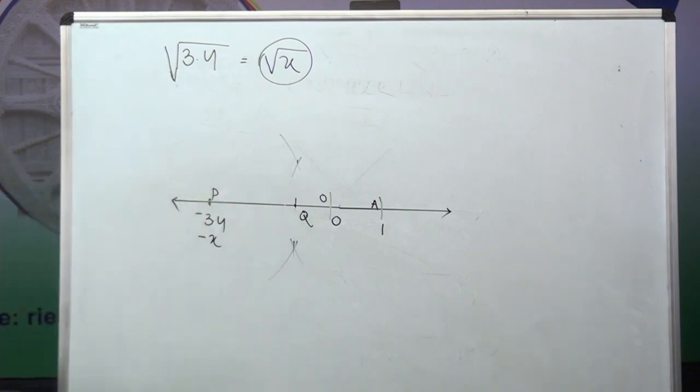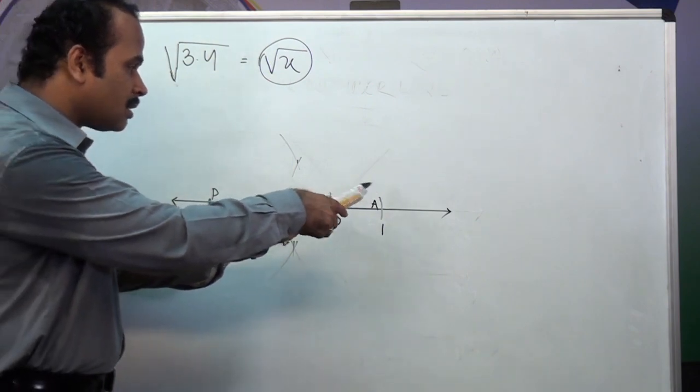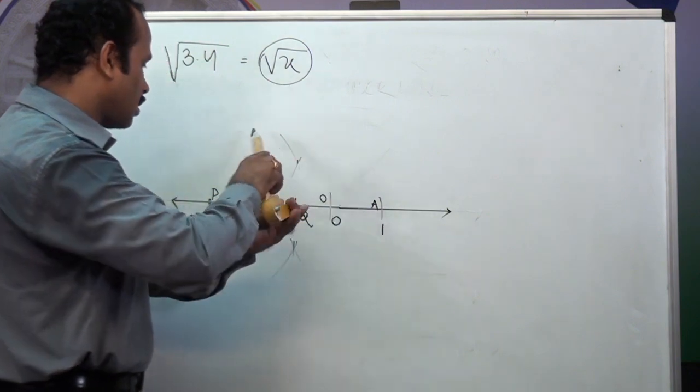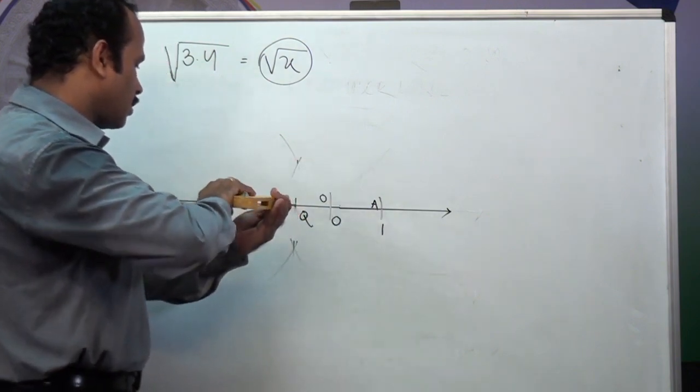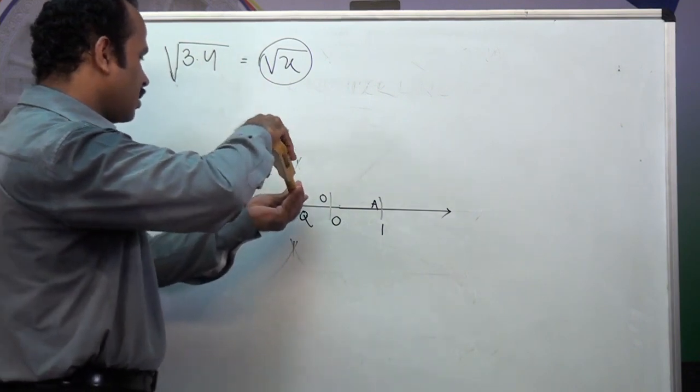Now taking Q as the center and QA as the radius, I can draw a semicircle. So let me draw a semicircle.